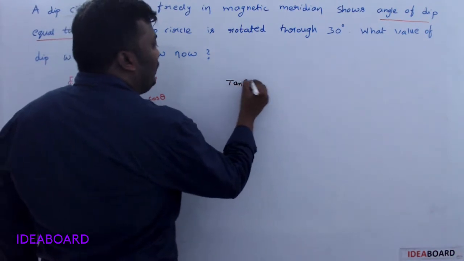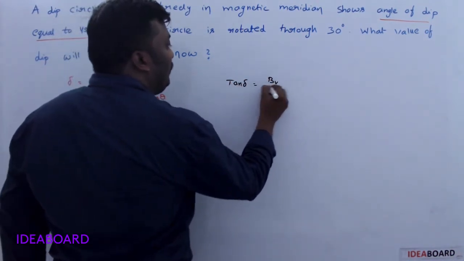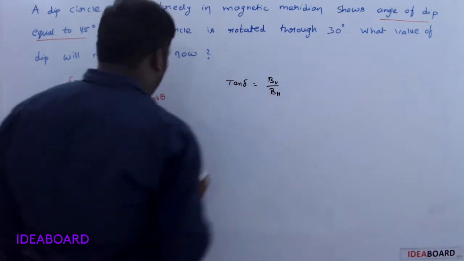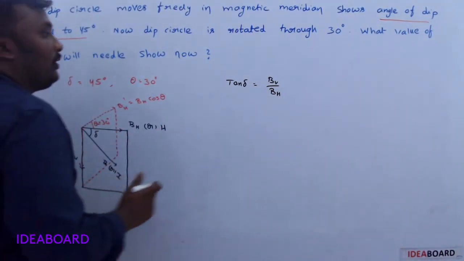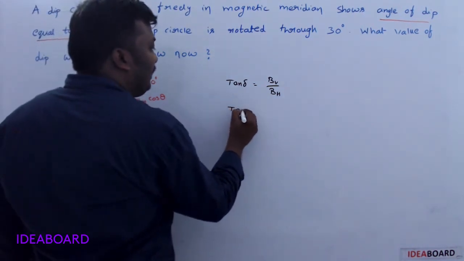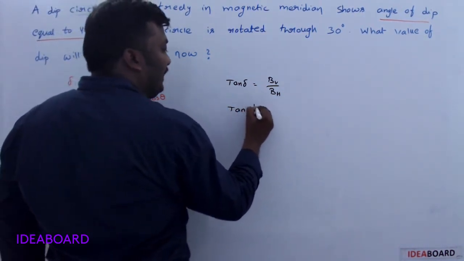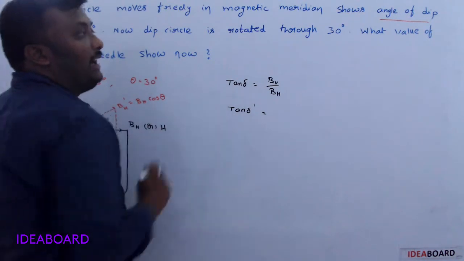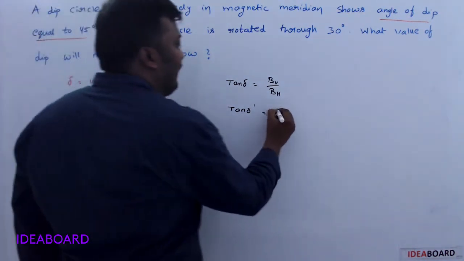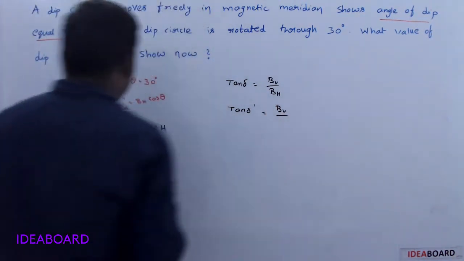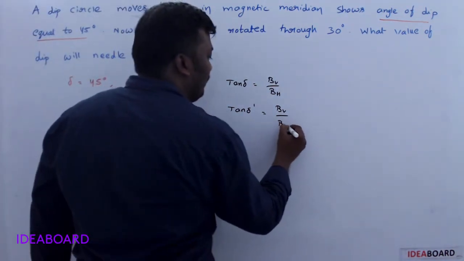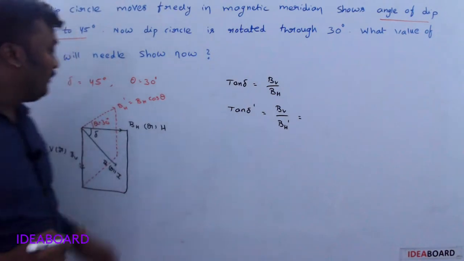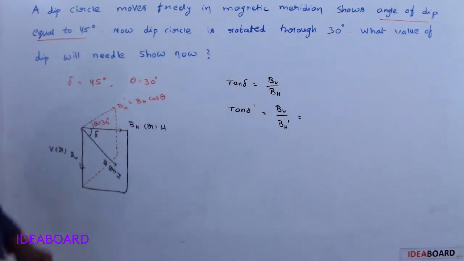Tan delta is BV by BH. Now they are asking for tan delta dash, the delta dash value. This value is BV by, in the new plane, BH dash. BH is changed into BH dash now.